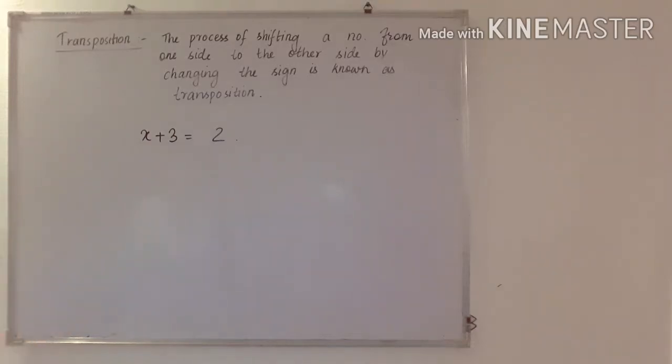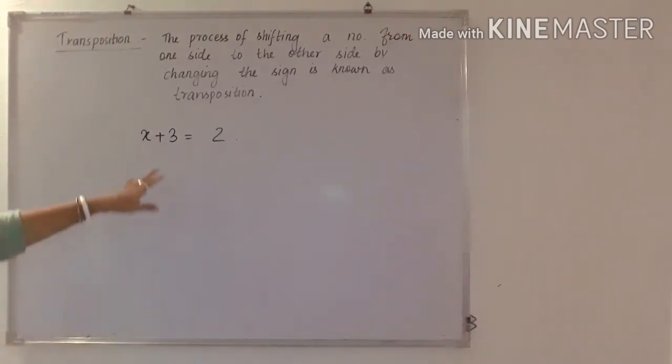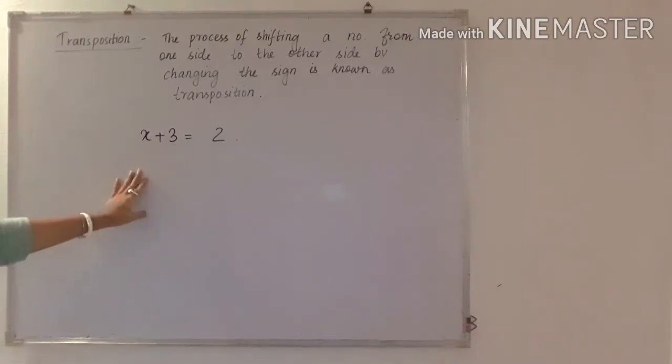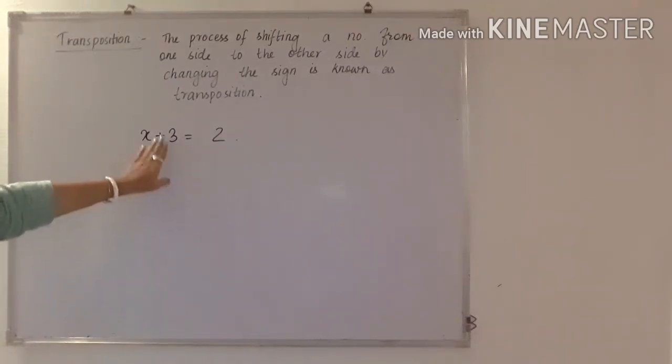Suppose I am giving you one example. Suppose this is a linear equation and I want to find the value of x. If you want to find the value of the unknown, or variable, present in the linear equation, then you have to remove the constant number from that side.